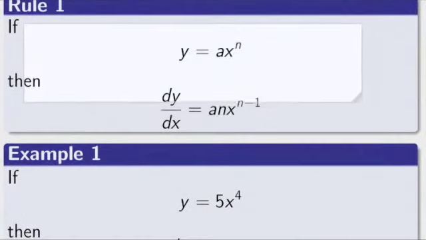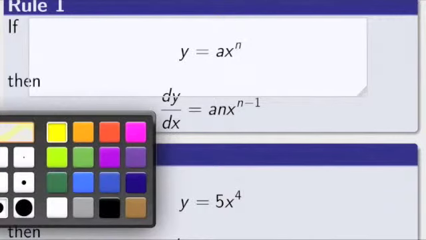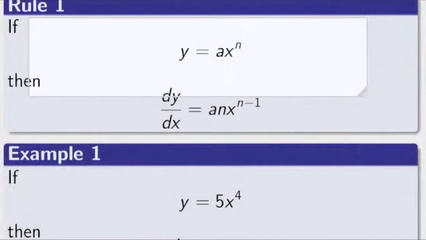So consider a function y equal to ax raised to the power n. First thing to note here is that y and x are variables. a and n are constants.